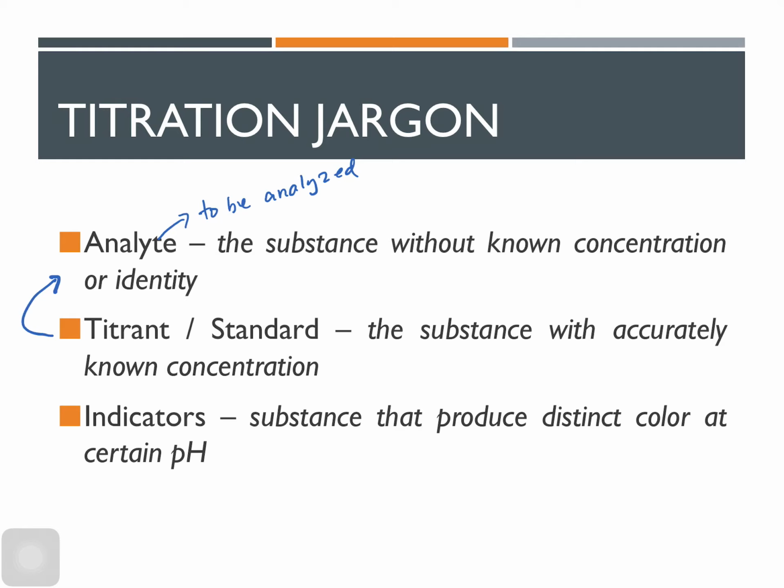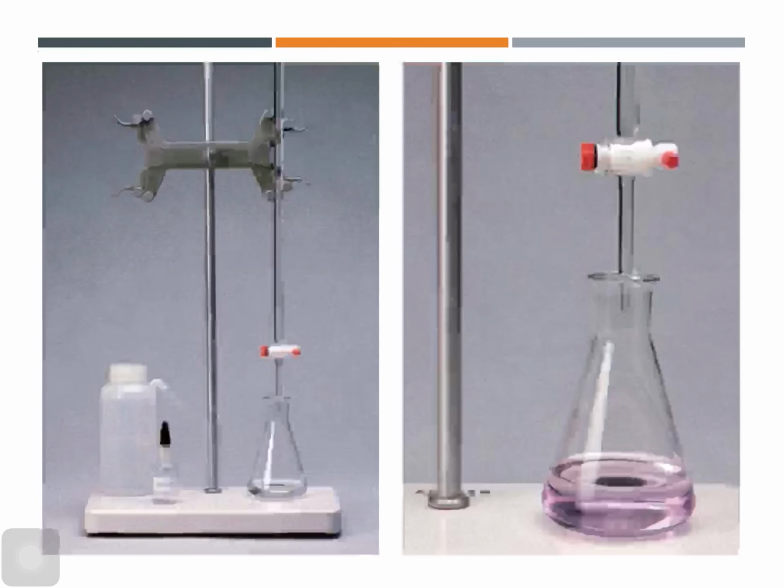For example, in a strong acid, strong base titration, usually the endpoint is around 7, where you will see the solution turn from colorless into a faint pink color. That means that's the end of the reaction.